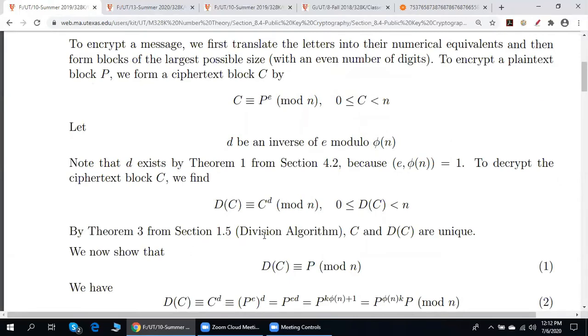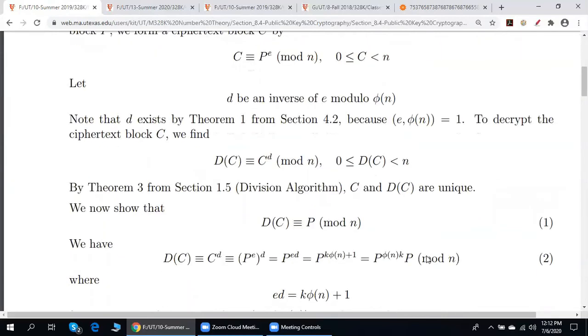So the question is, if we raise c, the ciphertext, to the power d and consider modulo n, what is the resulting number? It turns out that the resulting number is congruent to p modulo n. But why is that? We have to prove it. So here is how we prove it.